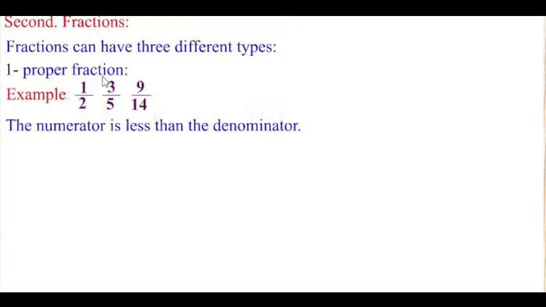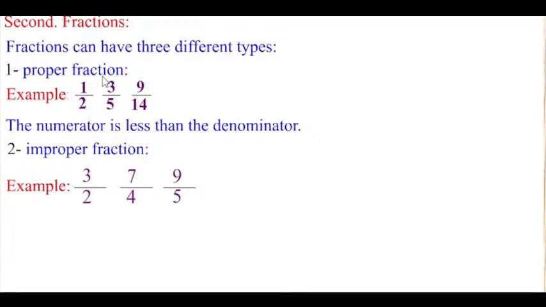Second, fractions. Fractions can have three different types. 1. Proper fraction. Example: a half, 3 over 5, 9 over 14, and so on. The numerator is less than the denominator. 2. Improper fraction.